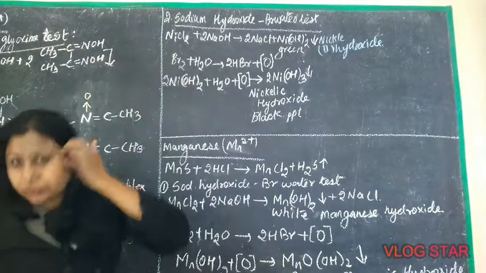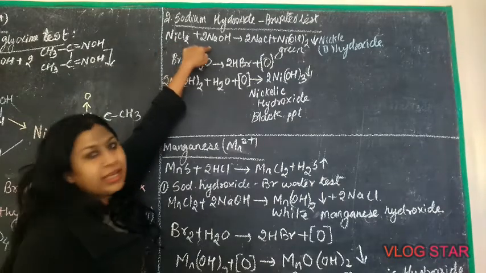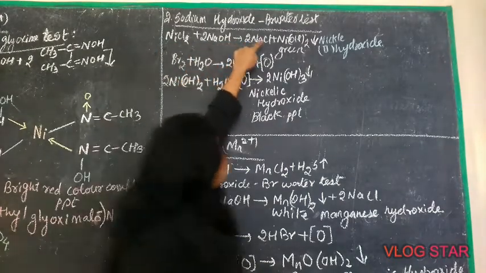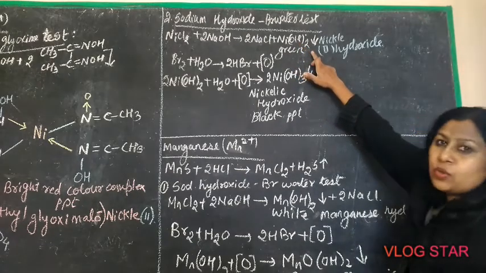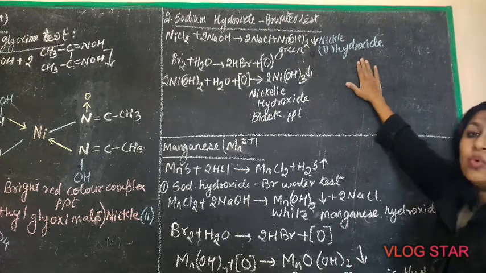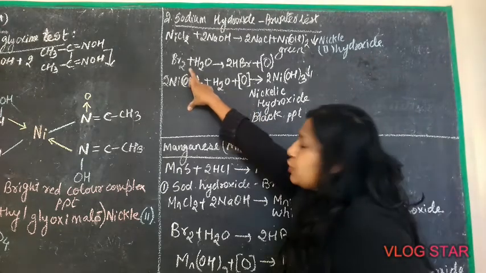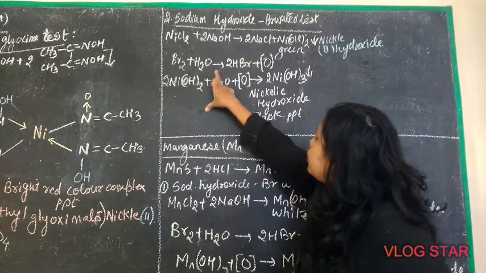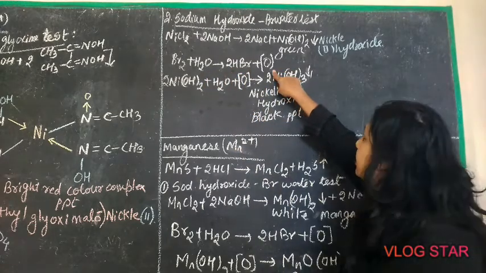Now the sodium hydroxide bromine test for nickel. Here NiCl2 plus 2NaOH gives 2NaCl plus Ni(OH)2. This is a green PPT. The name is nickel 2 hydroxide. Now bromine plus H2O gives 2HBr plus this oxygen, nascent one.